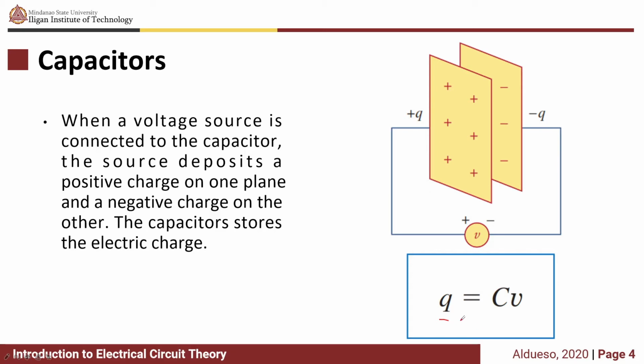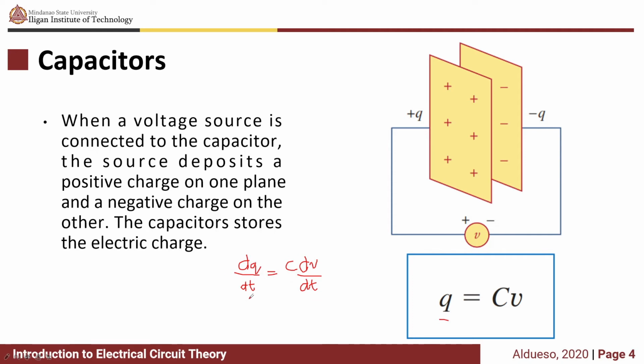Now if you take a look at this equation right here, we take the derivative with respect to time. So we have dq over dt, the rate of change of charge, equal to C, and remember C is constant, times dv over dt.